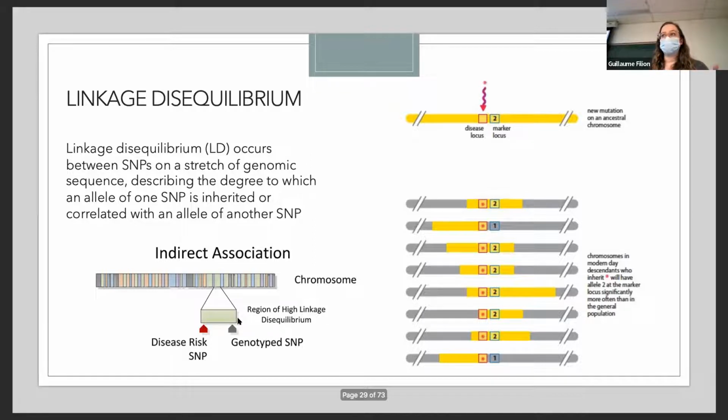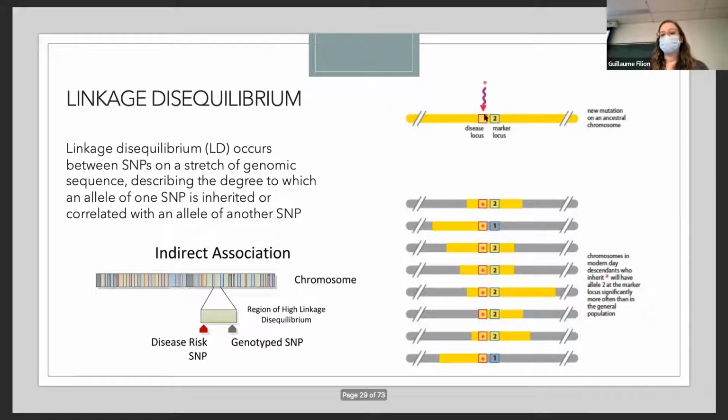That's why GWAS works so well: because of these large blocks of linkage, we don't have to test every single SNP. We just test one, and it'll tell us information, including if there is a disease SNP in that block.